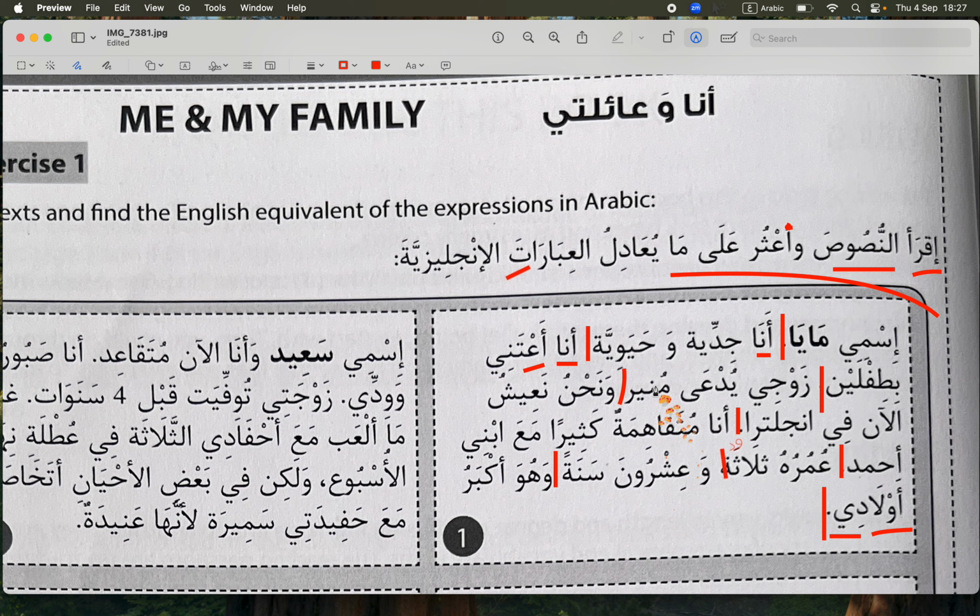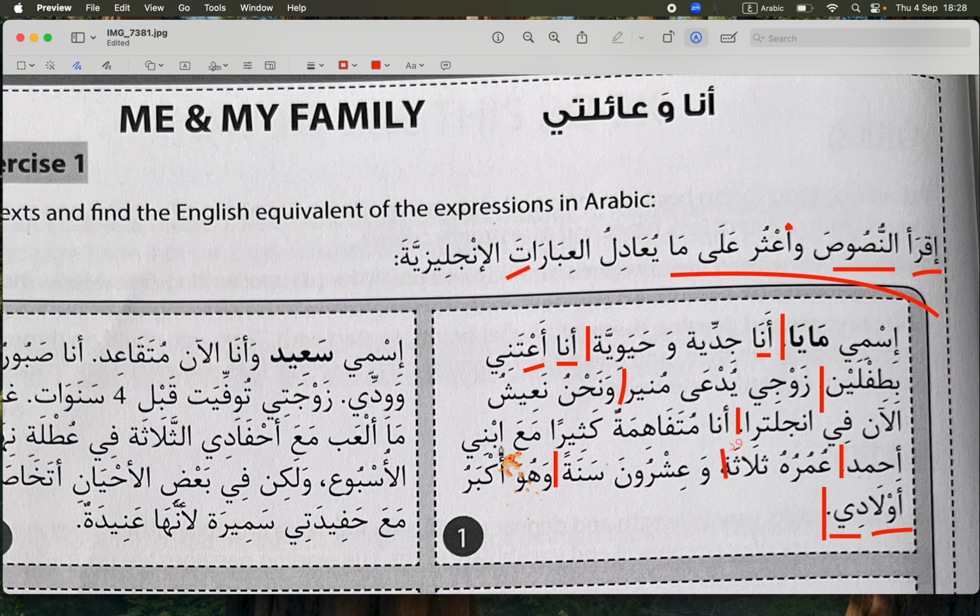نعم. هل مايا لديها ابن اسمه محمد أو مايا لديها ابن اسمه أحمد؟ محمد أم أحمد؟ أحسنتم. مايا لديها ابن اسمه أحمد. Fantastic. So look.